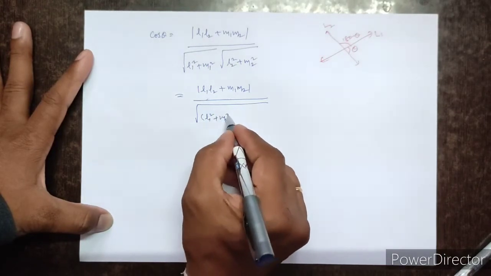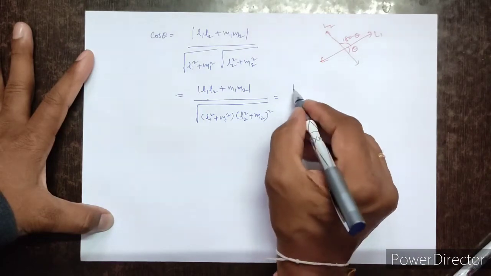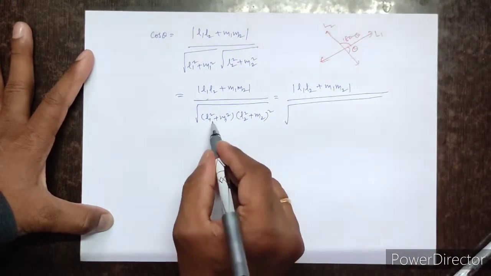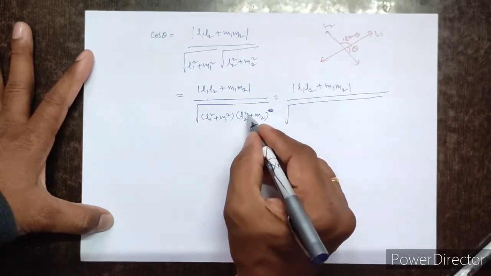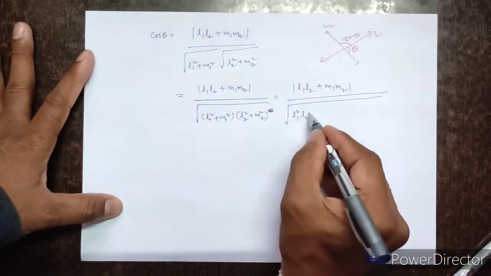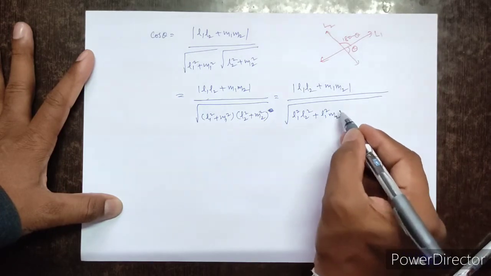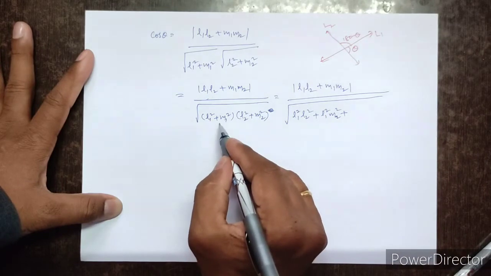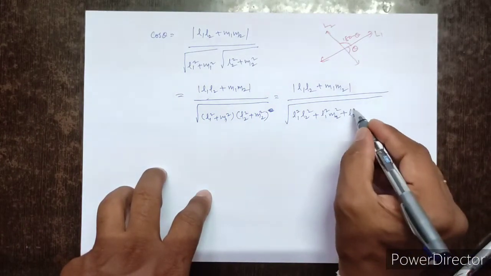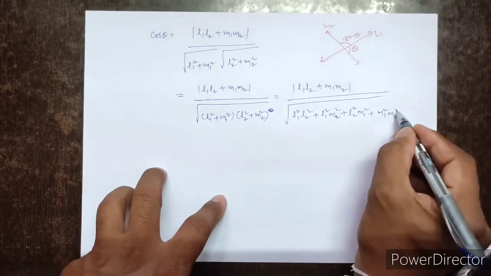So root of L1 square plus m1 square into L2 square plus m2 square, that equals modulus L1 L2 plus m1 m2 by root of, multiplying this out: L1 square L2 square plus L1 square m2 square plus L2 square m1 square plus m1 square m2 square.